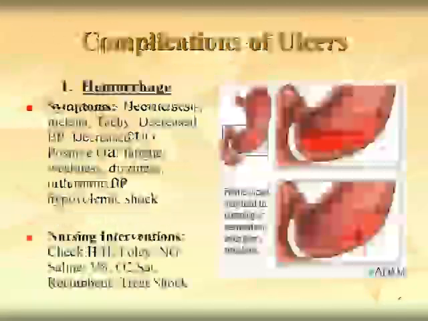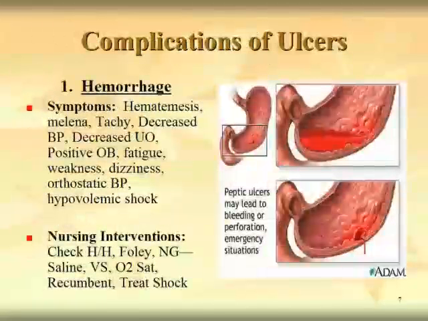Some complications of ulcers include the fact that the patient can hemorrhage, and if that happens, the symptoms are listed here. The patient may be vomiting up blood. They may have tachycardia, shocky symptoms with decreased blood pressure, decreased urine output. They may be very weak and dizzy because of poor cardiac output, and also go into hypovolemic shock. So important nursing interventions would be to check the H&H frequently.